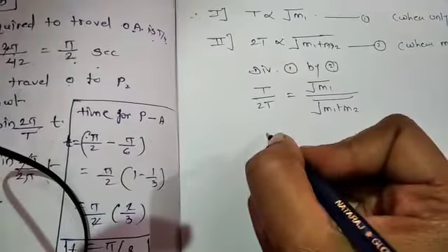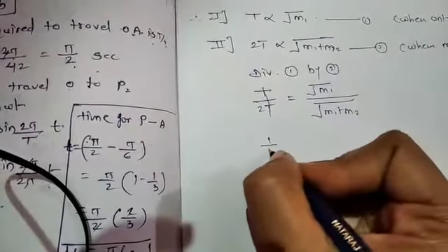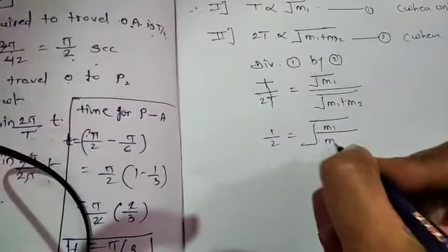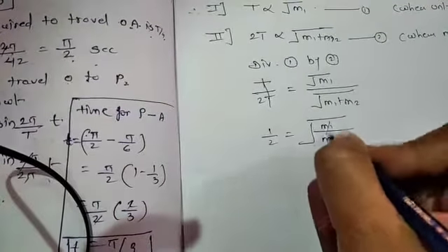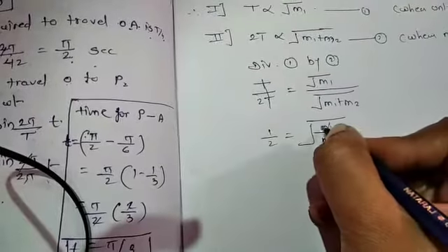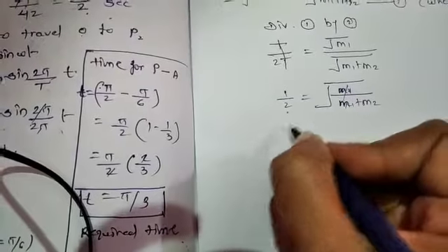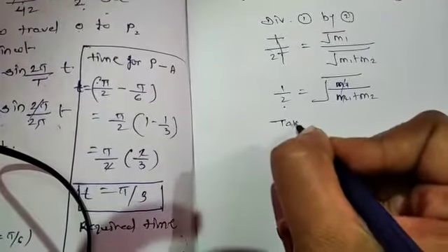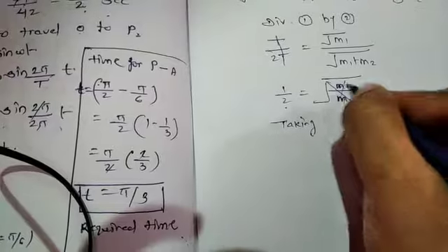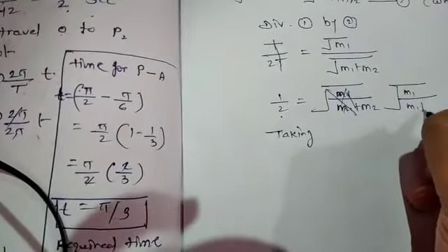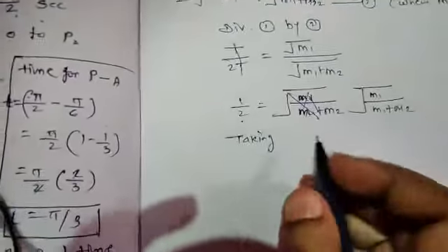That is, we can write 1 by 2 is under root of m1 upon m1 plus m2. Sorry, it is m1 plus m2. It will remain as it is. I'll write this again, m1 upon m1 plus m2.